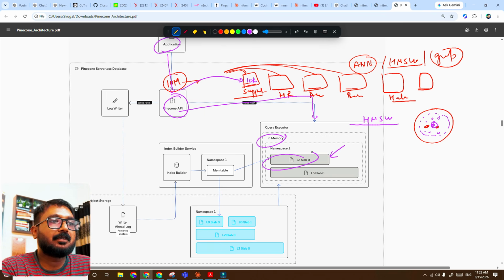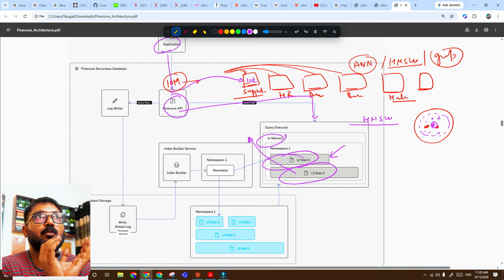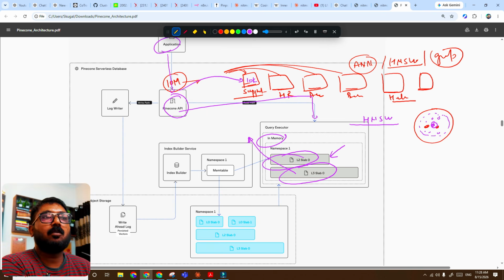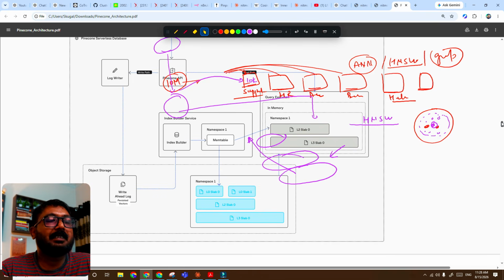And from these slabs, you get your vector embedding search similarity, and you get the answer, right? So all this happens inside Pinecone. Once you push the embeddings, they do all this slab creation for you, and then you get the data, right?